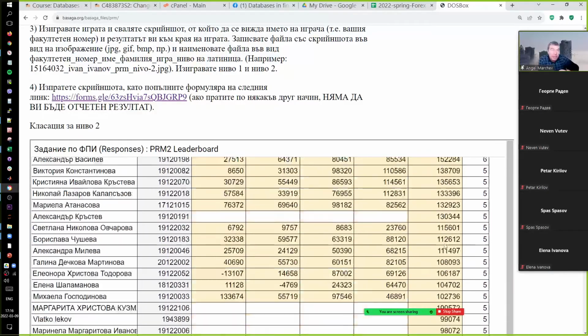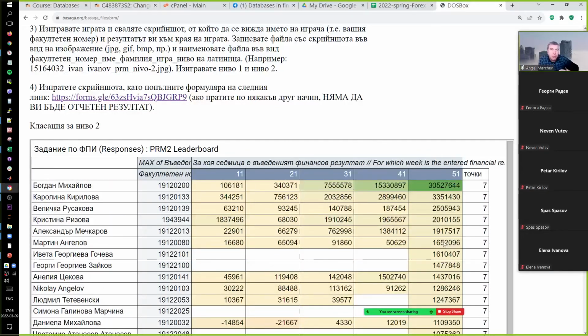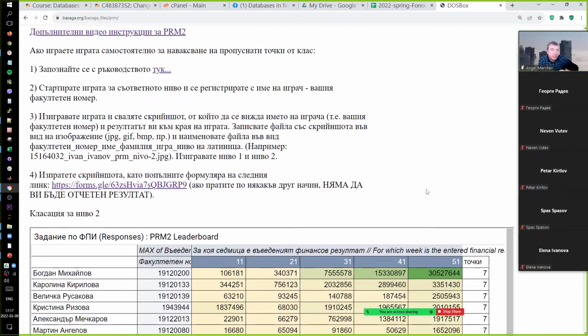But one thing that is important, and this is what I want you to do, is that I want you to input your scores at 11th, 21st, 31st, 41st, and 51st week. And the 51st is really the one that we are measuring. When you upload your 51st week, you upload your screenshot as well. And for all the others, you just type in the number. You don't need to upload the screenshot.